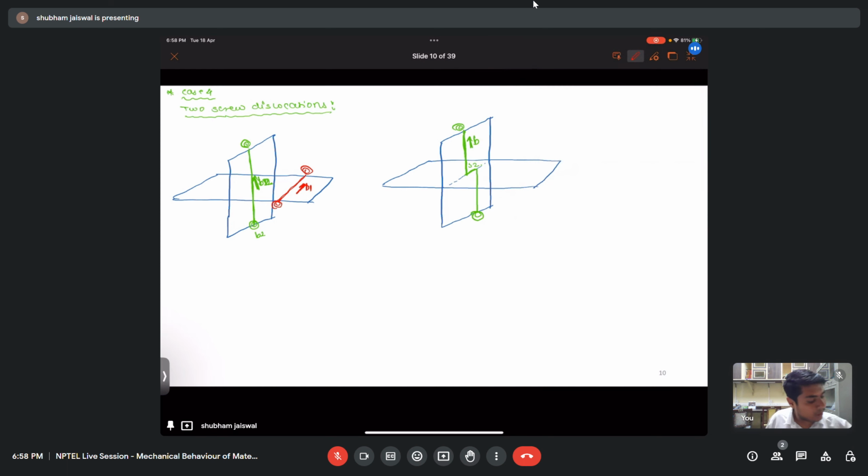And when it intersects with the second dislocation, it will create a step something like this. So now tell me the nature of these two different segments, S1 and S2.